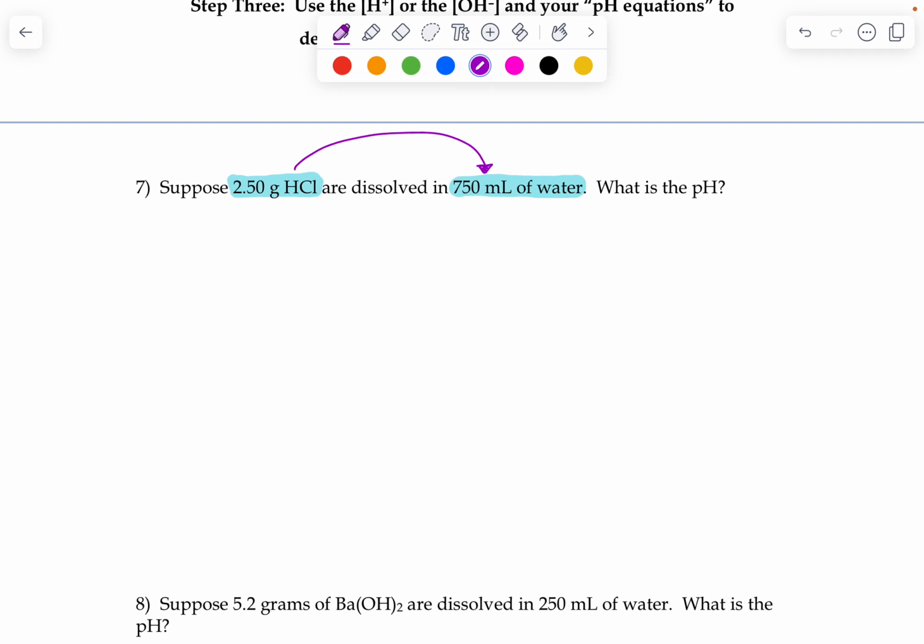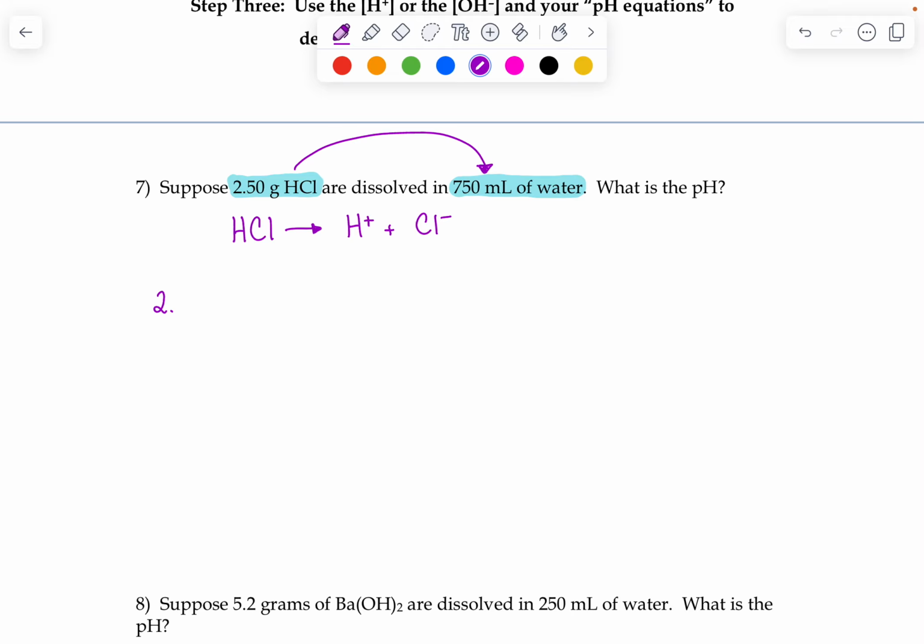Well, now it's no longer water. Wouldn't that turn it into an aqueous solution of hydrochloric acid, right? And hydrochloric acid is a strong acid, like all the ones that we are going to do any math for. And so we can assume it breaks up 100% into hydrogen ions and chloride ions.